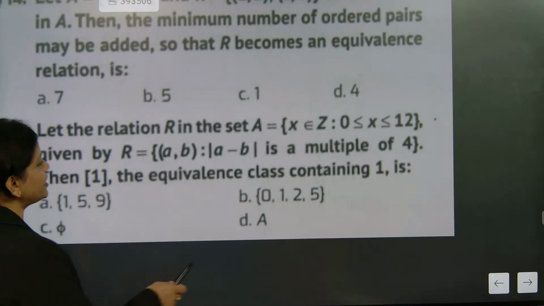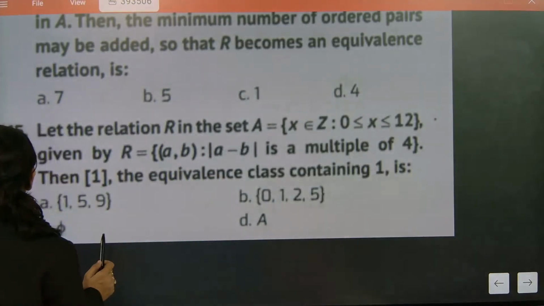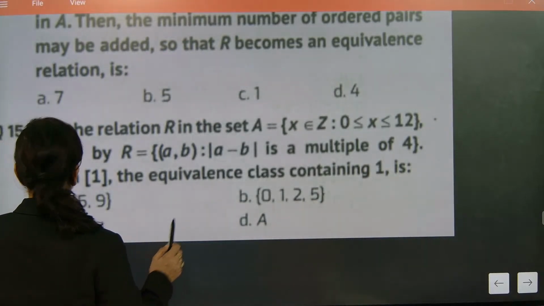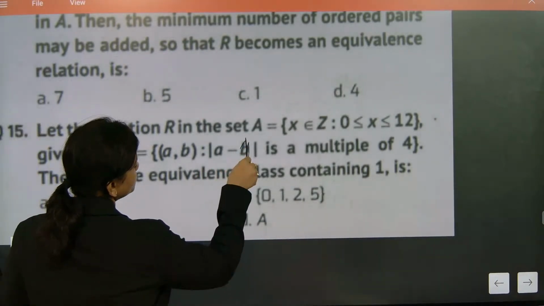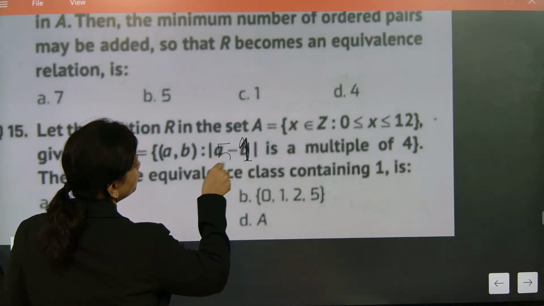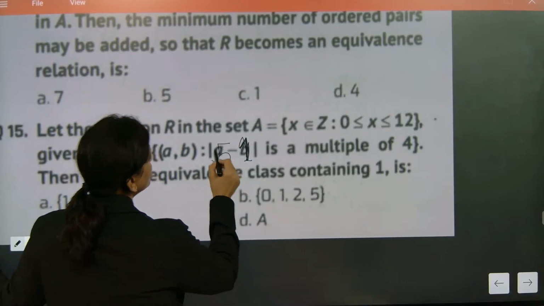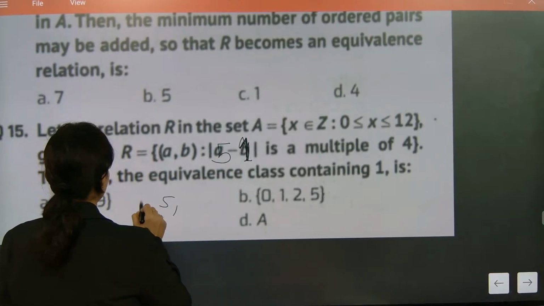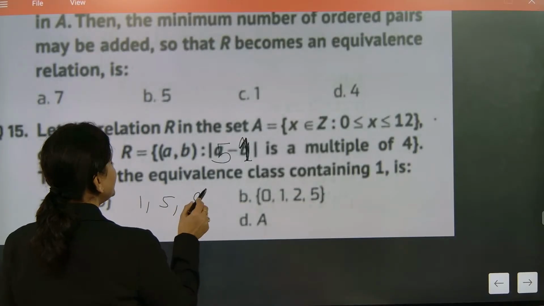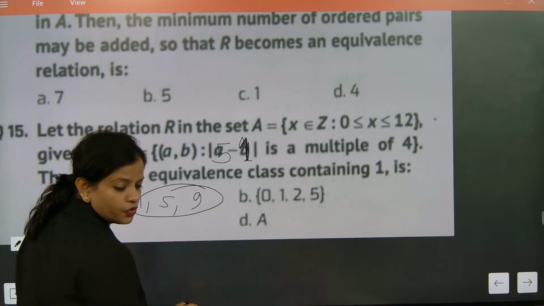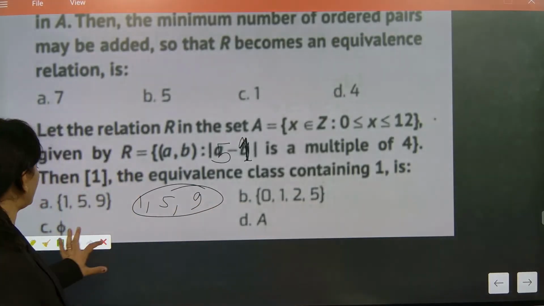They are telling 1 is already there, so we will take A or B as 1. If we are taking B as 1, then what are we going to put? Are we going to put 0? No. We will put 5, 1 and 9. Then it will become divisible by 4.